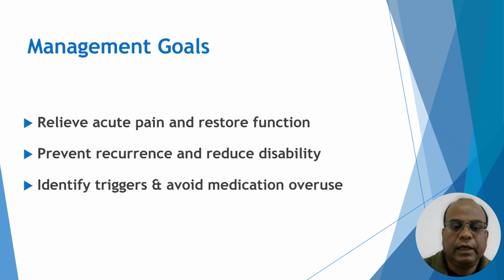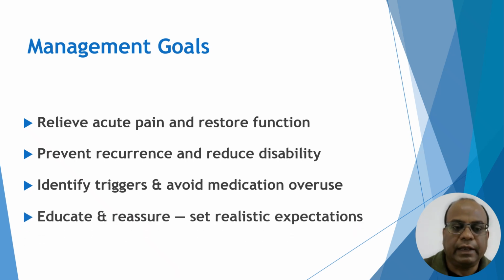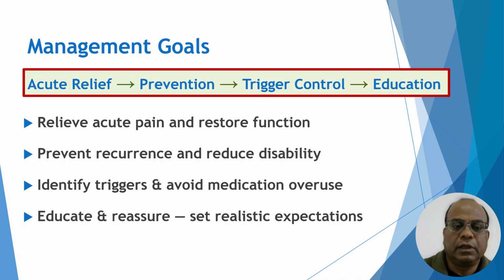Third, identify triggers and avoid medication overuse. And finally, educate and reassure the patient by setting realistic expectations. So in summary: acute relief, prevention, trigger control, and education.